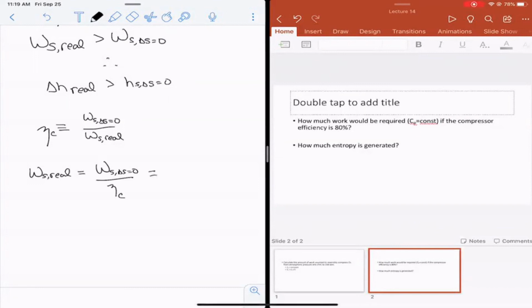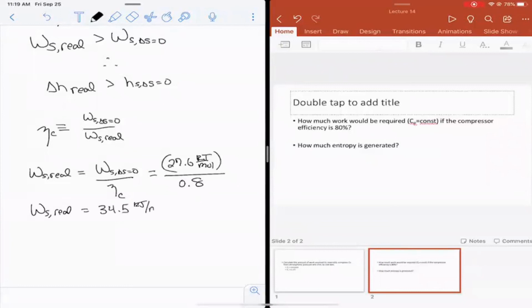So if we take the result from our constant heat capacity case, that was 27.6 kilojoules per mole divided by 0.8. And so the real work that we need to do is equal to 34.5 kilojoules per mole.